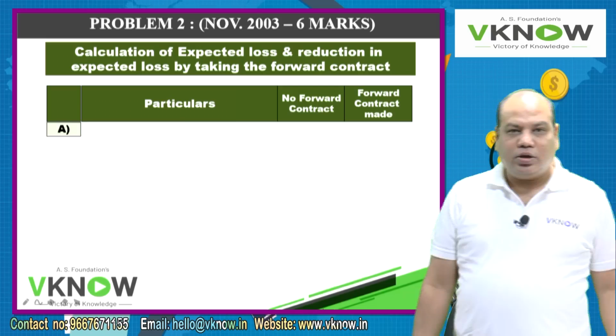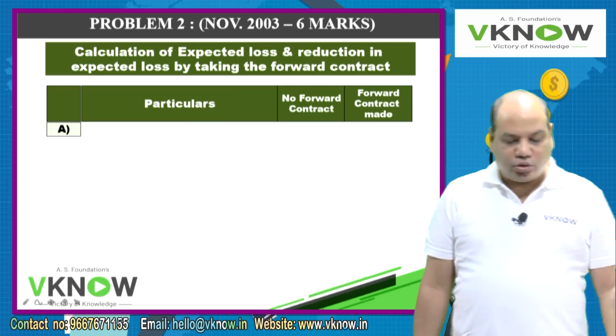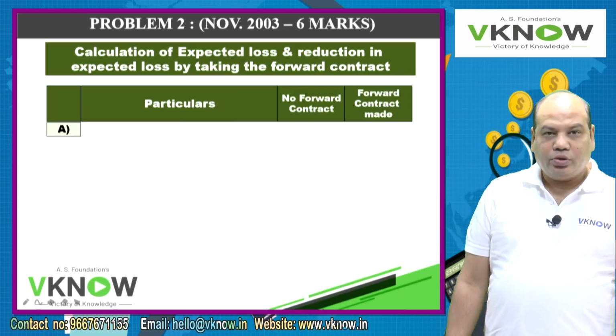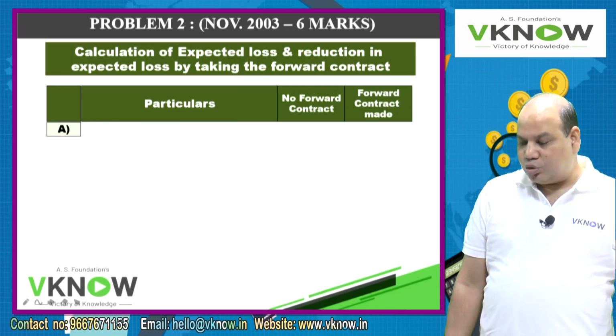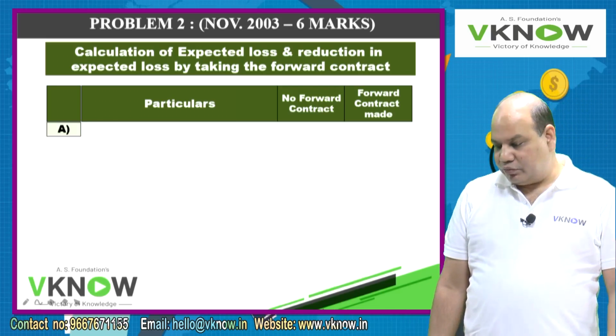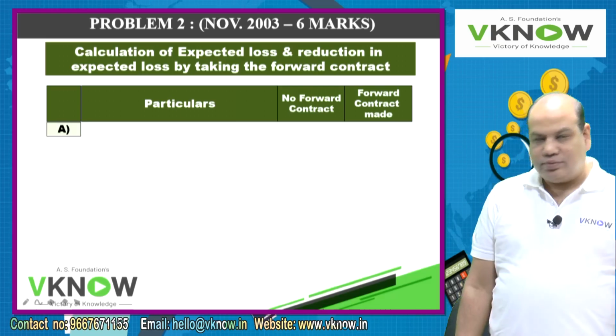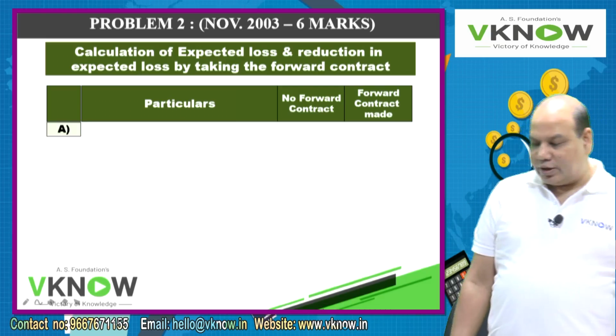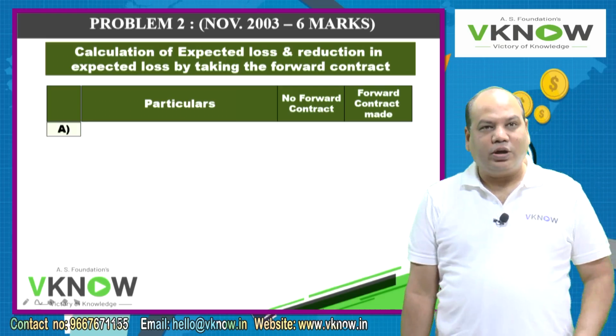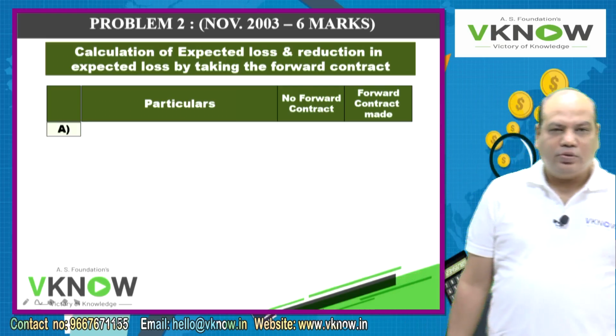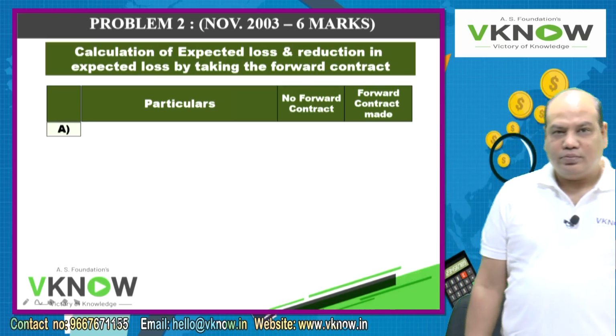Serial number, particulars, and then 2 columns on the right side: no forward contract taken, and forward contract taken.